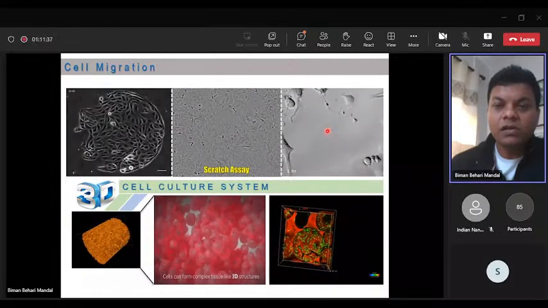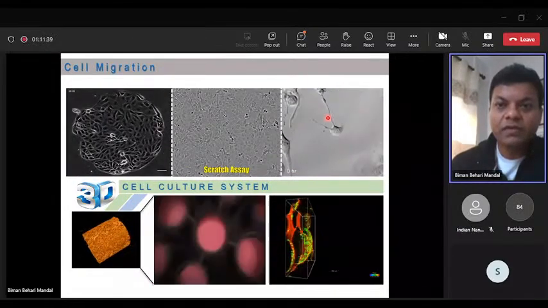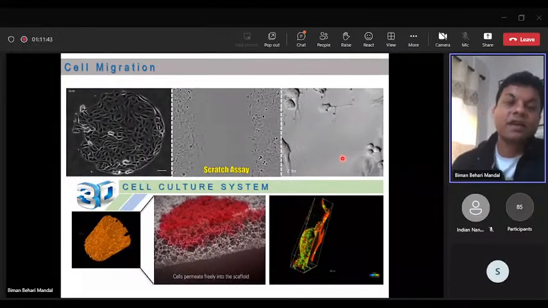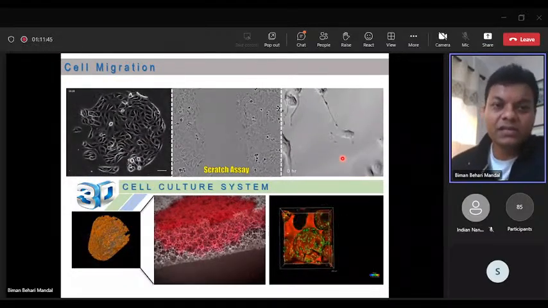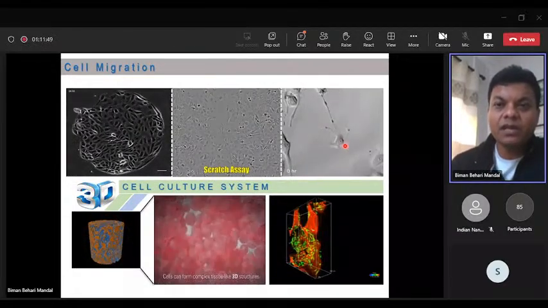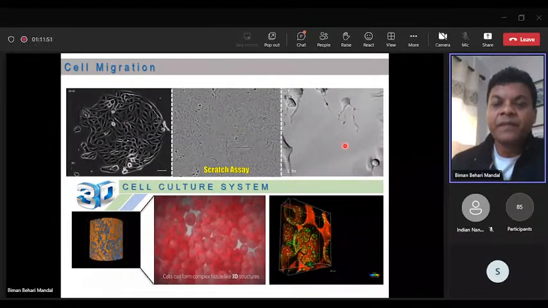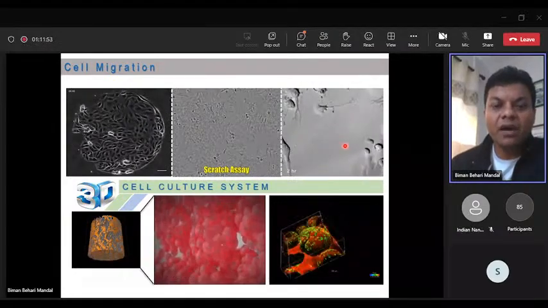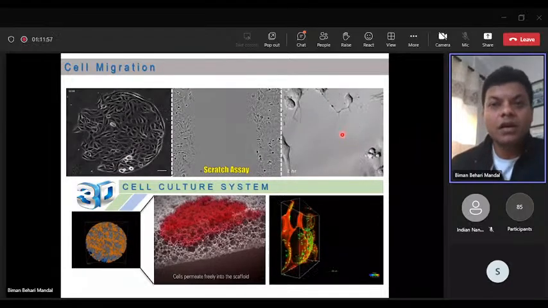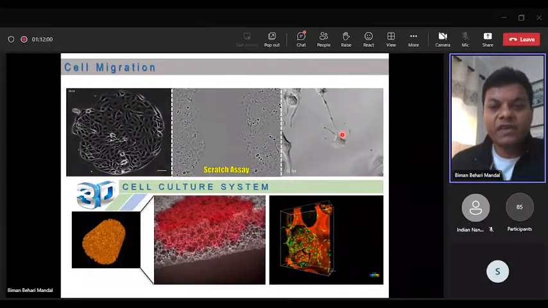Also, they are very choosy in terms of their requirement of media, nutrition, growth factors, and many other things. So as a bioengineering researcher, we have to understand how these cells behave, what their specific requirements are, and how they can be grown in number so that their functionality is retained, so that the particular organ is made specific in terms of functionality.